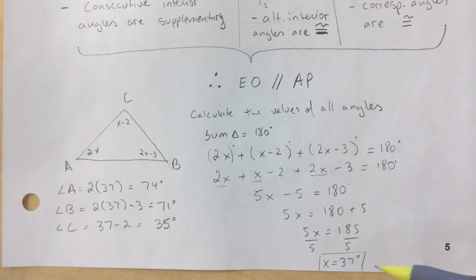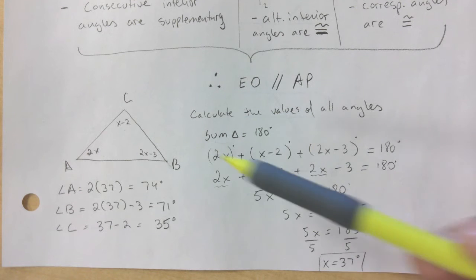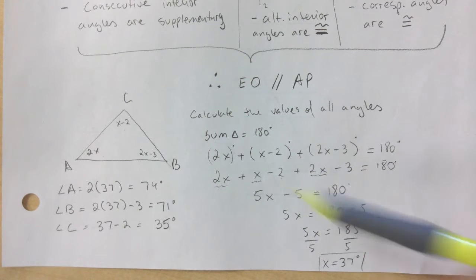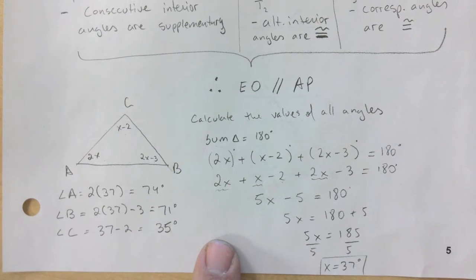It could be y, it could be z, whatever. Once you've determined it, they could just ask you to find the value of x, at which point you would be done at 37 degrees. But if they ask you for the value of the actual angle, you have to go back and plug it in and find it that way. Okay, that's that for the warm up.